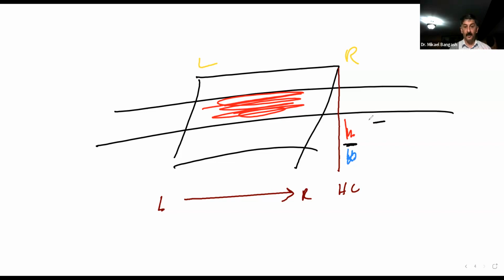So if that is the case, what would this red color indicate then? That the blood is flowing away from the home line. Where do you have the home line? Well, it's here, but away from the home line. So it's going to flow from right to left.